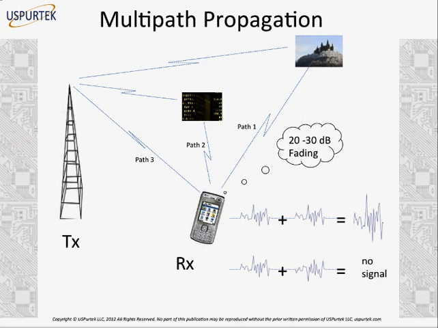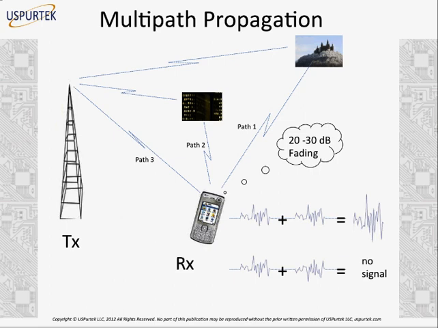But as the mobile station moves about, and we keep moving with our cell phones most of the time, the phases of various paths vary in a random fashion. Since in reality there are several propagation paths, they rarely cancel each other out completely. But all this ultimately leads to a drop in signal level of 20 to 30 dB, and it causes fading.